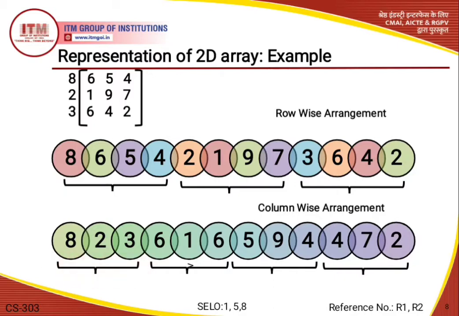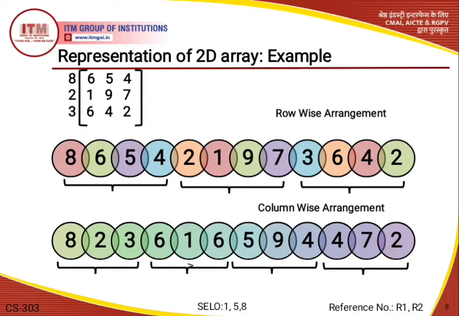Then the second column is 616, indicated as column 1. Then the third one is 594, represented in memory as column 2. And then the last one is 472, and similarly in memory it is represented as the last column, column 3, as 472.